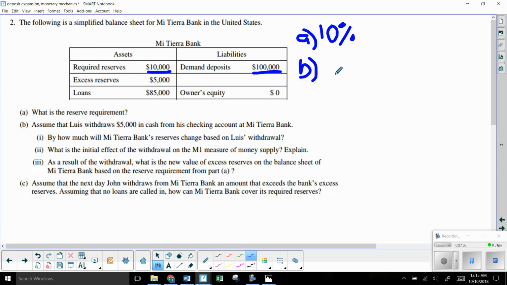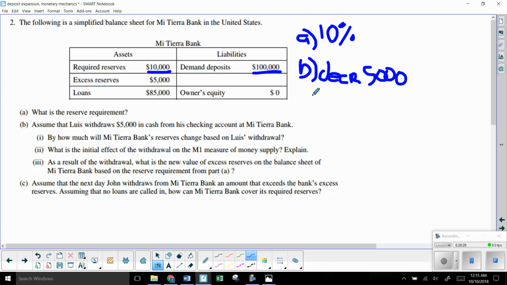So its reserves are going to decrease by 5,000. And I think probably it's nice to say that it will change by negative 5,000 or to say it would decrease by 5,000 because it's a little more specific. If you say it would just change by 5,000, then you're leaving open whether it's an increase or a decrease. But there's a decrease in reserves in this bank.